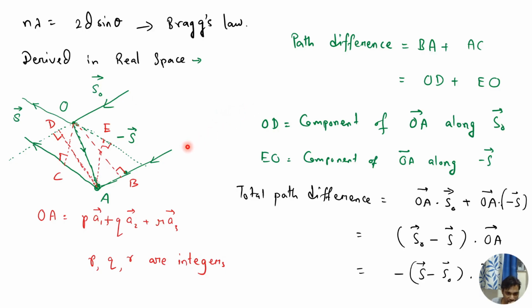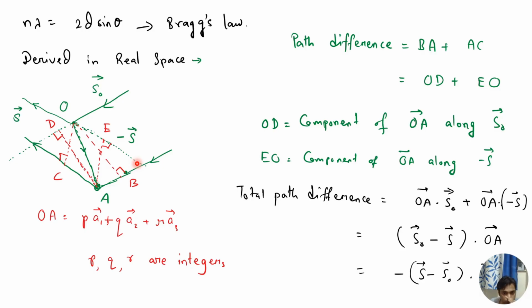So here also this is S0, another parallel beam in the same direction S0, and this is S. Now you see, if this is S0, this dotted green line is also S0. And from here, if you are taking this as S, then O along this direction is S. If you go in the reverse direction, O along this is minus S.